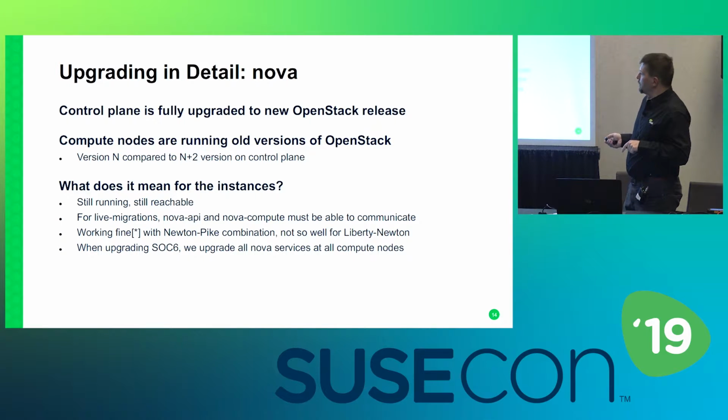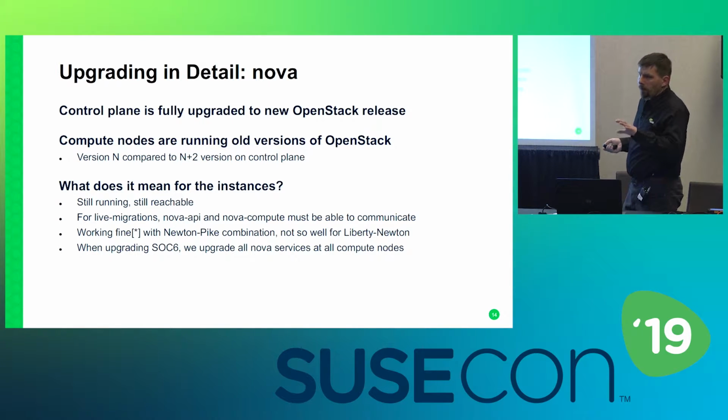When we were doing the upgrade from Liberty to Newton, this basically stopped working. So at that time we solved it by a dirty trick: right after we upgraded the whole control plane, we did only a small action on compute nodes. We just upgraded the packages that were related to the Nova compute service.